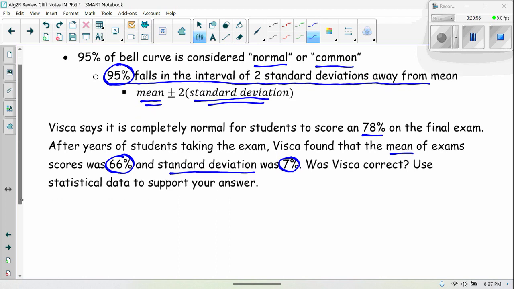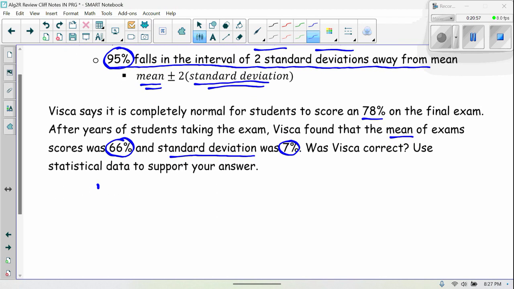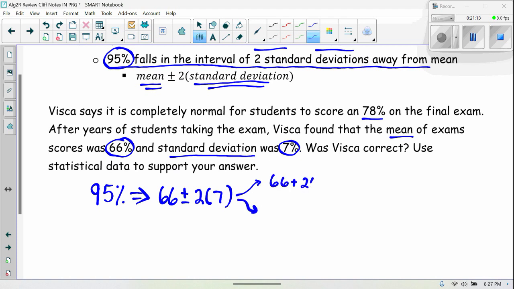In order to find my 95% interval, I take my mean, which is 66, and I add and subtract 2 times my standard deviation, which is 7. That's going to give me this interval here: 66 plus 2 times 7, 66 minus 2 times 7.